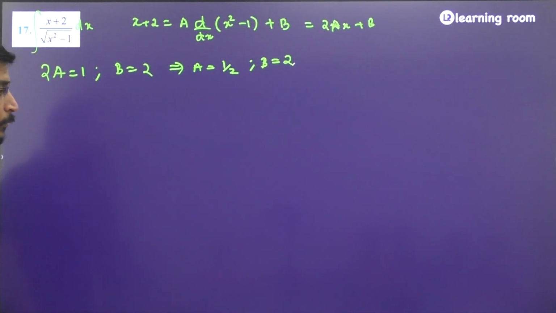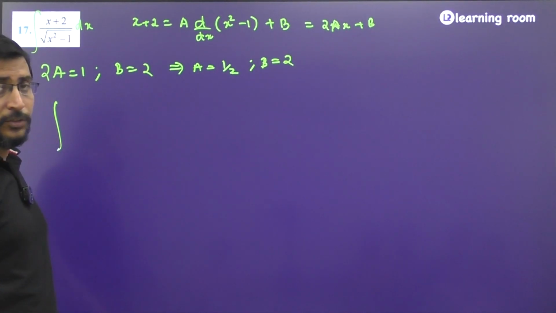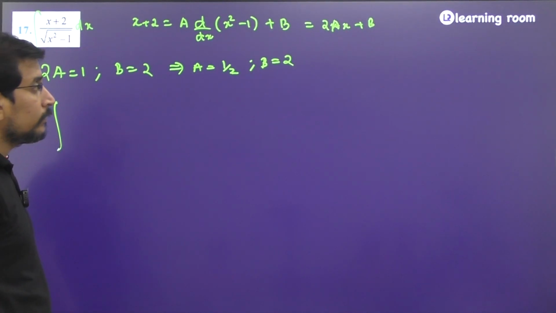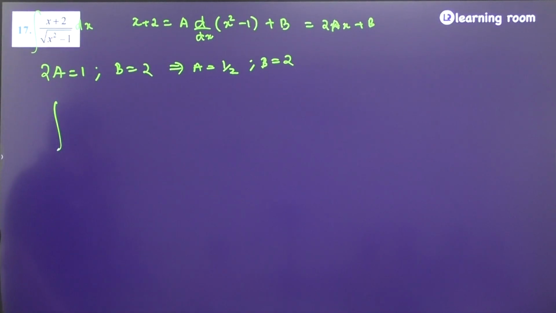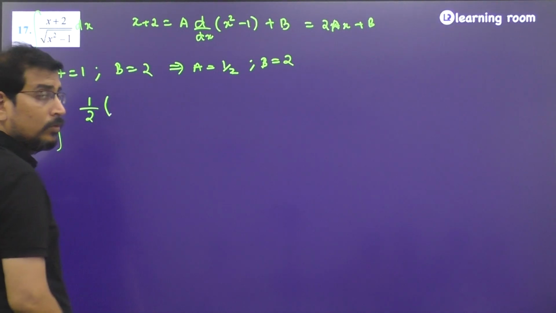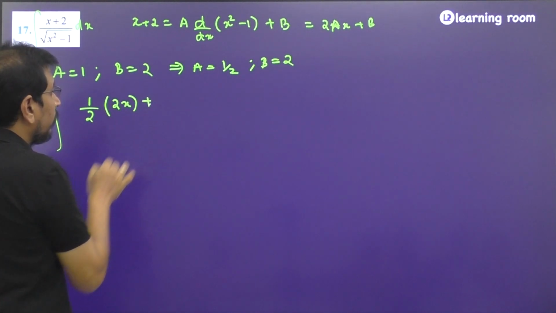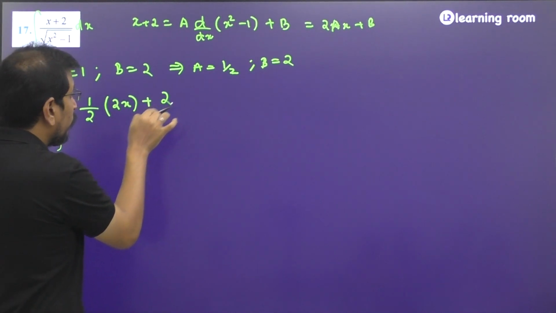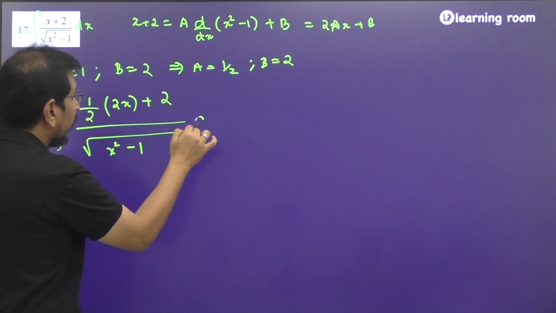Now tell me, what are we supposed to do? In the place of x plus 2, I can write it as a into 2x plus b, so half into 2x plus 2, the whole divided by square root of x square minus 1 dx.